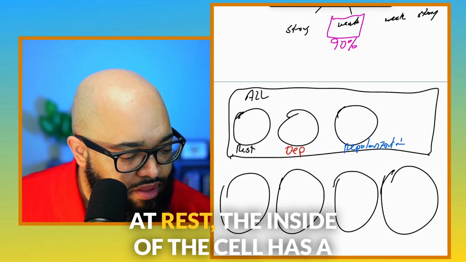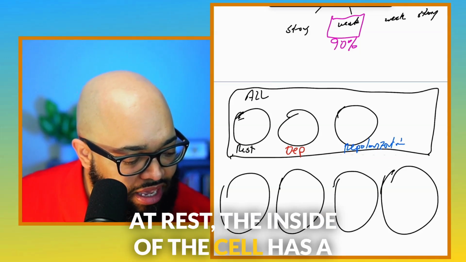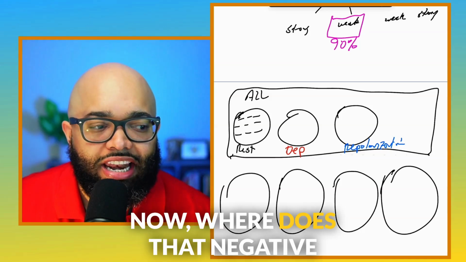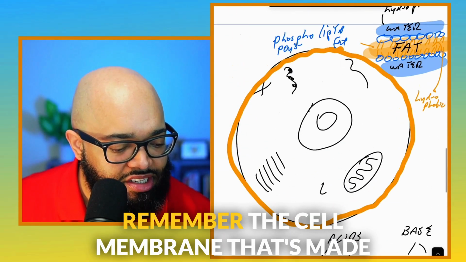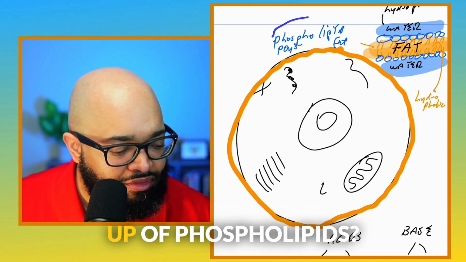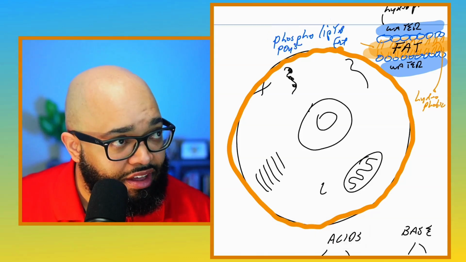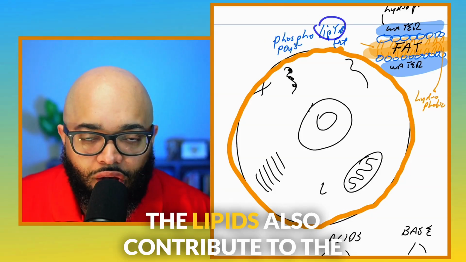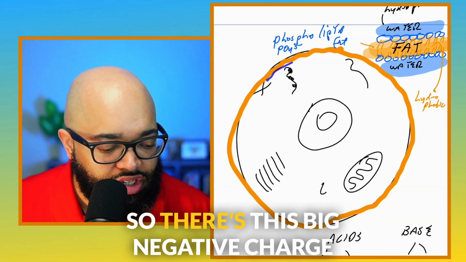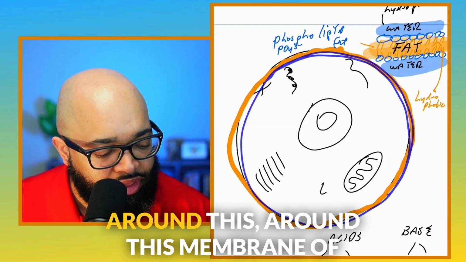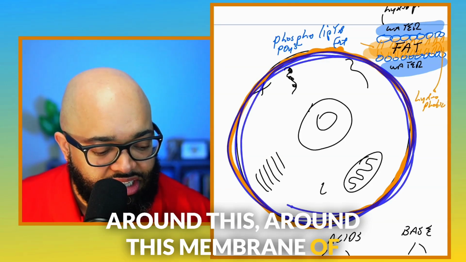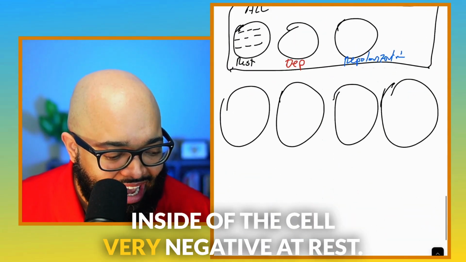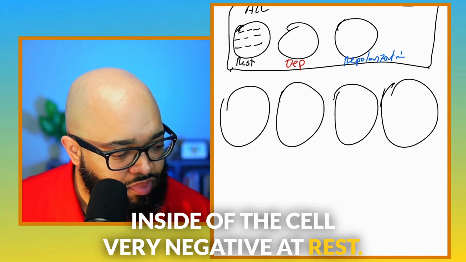At rest, the inside of the cell has a negative charge. Now, where does that negative charge come from? Remember the cell membrane that's made up of phospholipids? The phospho has a negative charge. The lipids also contribute to the negative charge. So there's this big negative charge around the membrane of the cell that makes the overall charge inside of the cell very negative at rest.